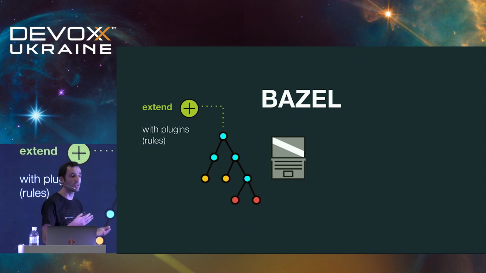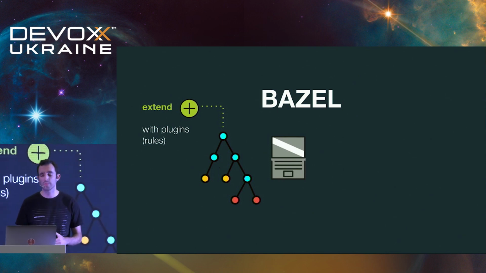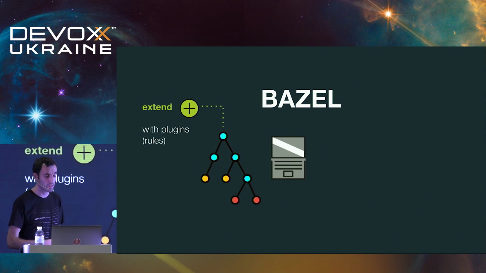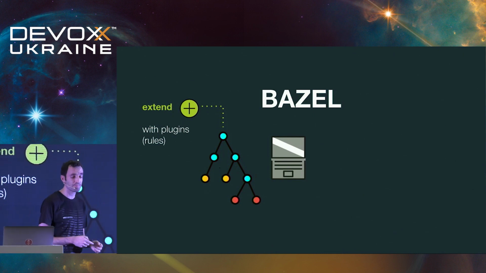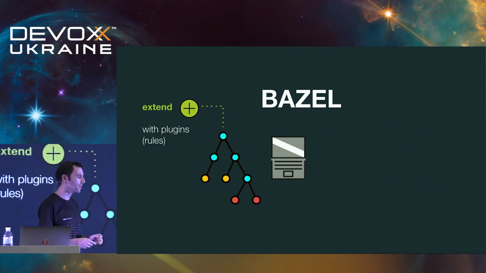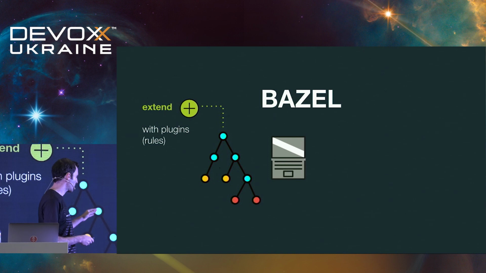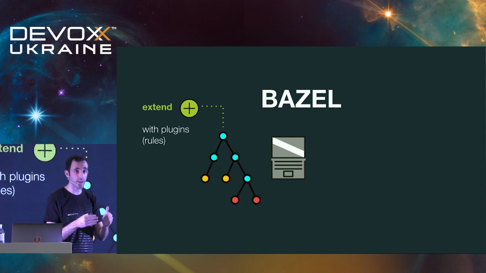So, of course, Java, but also Kotlin and Scala and Groovy and many other languages are supported in Bazel by the community. And one point I would like to stress here is that for each of these rules, you have to define every input, right?